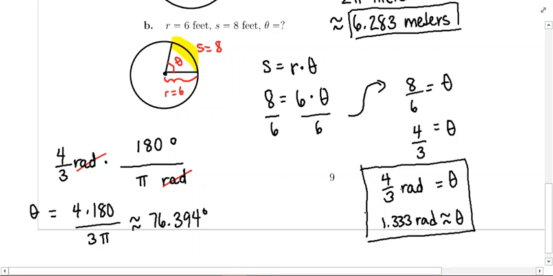That's how big the angle is. We approximated that with a decimal radian measurement, and then we also converted it over to degrees, because we're just used to dealing with degrees and it's easier to visualize in degrees. So we were right when we guessed it is an acute angle, about 76.394 degrees.